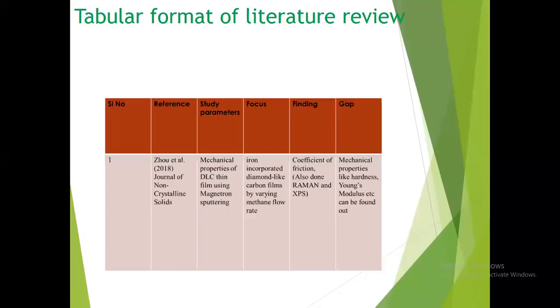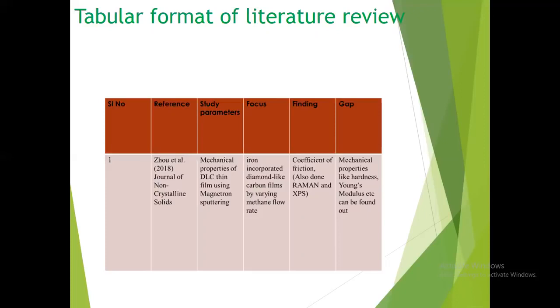Then now the last one will be your research gap. That is really vital, because already I have mentioned that no research is perfect and you won't get a complete result from a single article. And definitely there will be a research gap in each article that you'll have to mention in the gap. On the basis of that particular gap, you'll have to fix your objective of your research work.